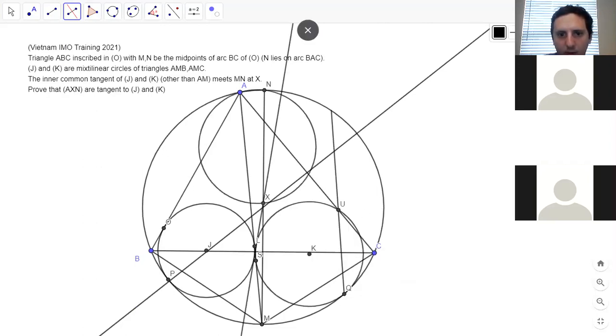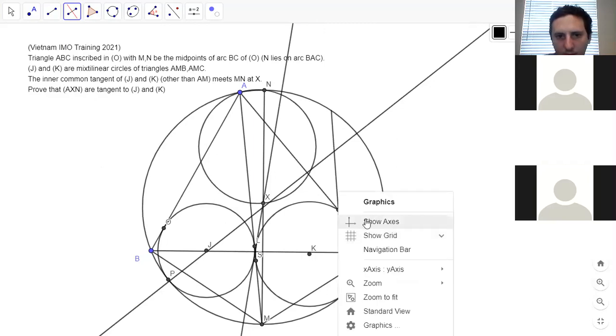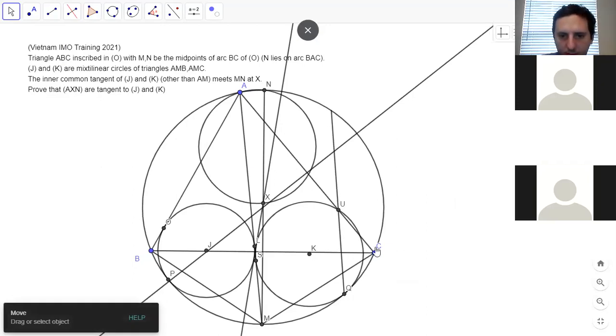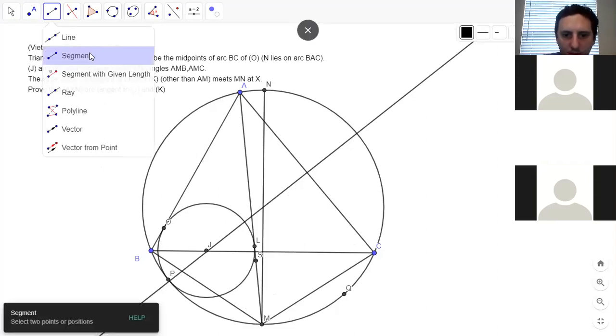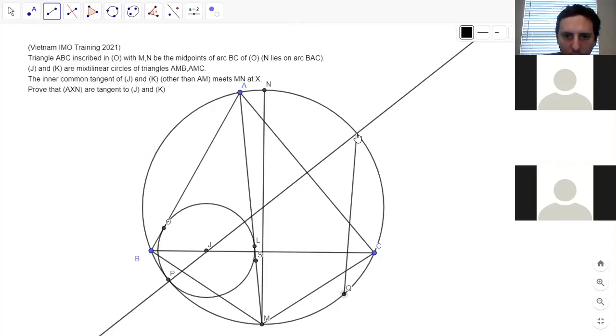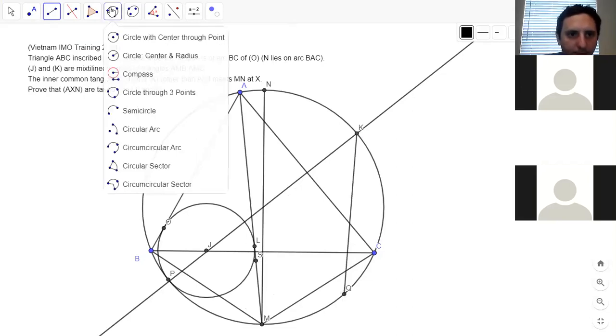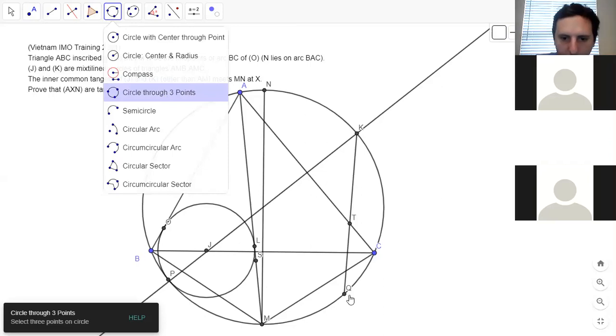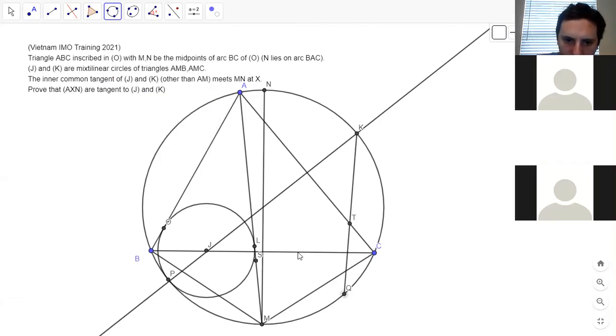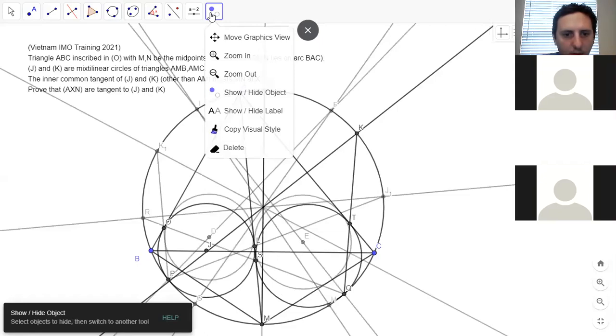Whoops. But yeah, I should delete that. Okay. And I want this point. Okay. QST. There we go. And now I want to draw the common tangent.